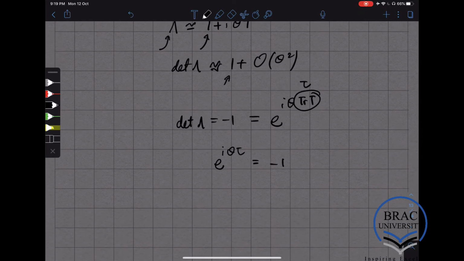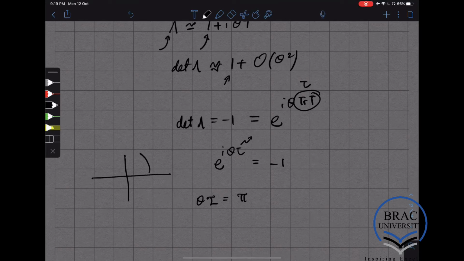We are in the realm of complex numbers, so what kind of solution does this have? The value of tau is fixed by definition; we are just going to assume that. Then the solution of this equation is that theta tau must be equal to pi.